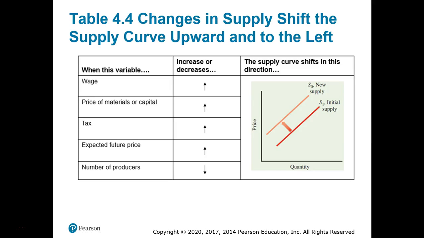When I get corporate taxes, and I have to roll that price over to the consumers, I'm going to back off on production. Expected future prices increase. I don't want to make it right now, but I'll have it ready for next month. Number of producers decrease. That puts a hurt on the suppliers. That means that they're going to raise the price.